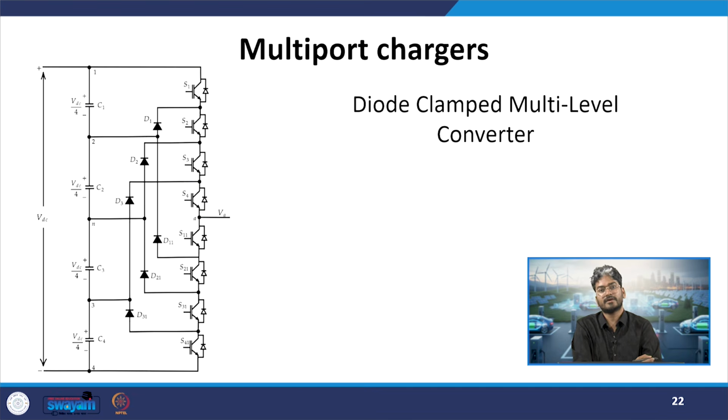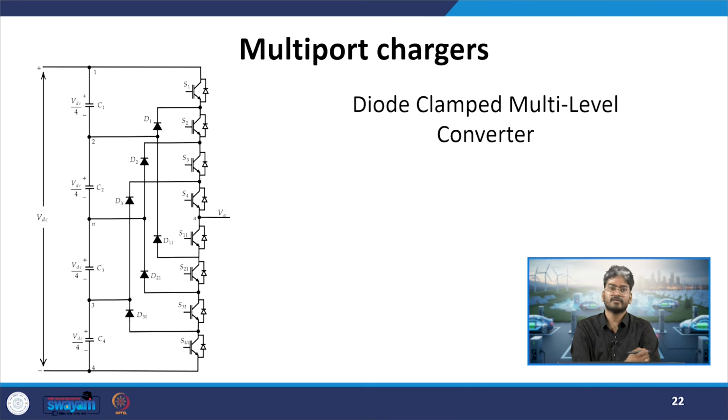Series connection of devices restricts the maximum switching frequency. Why? When devices are in series, they should turn on and turn off exactly together, that is, their dynamic characteristics should be the same, which is not possible.